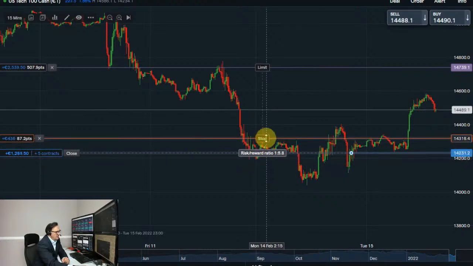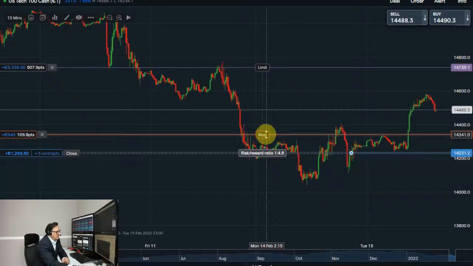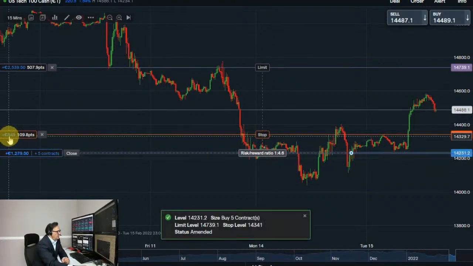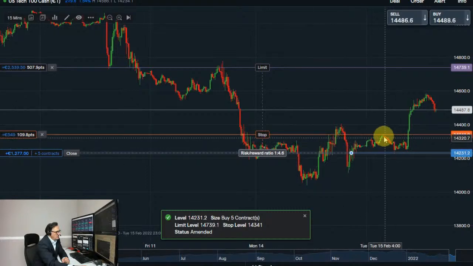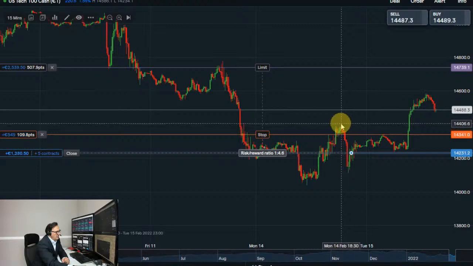So yet again, very similar situation here. Here we go. There, about 110 points above the entry, which is this swing high here. I'm actively looking at this level here at 14,400.